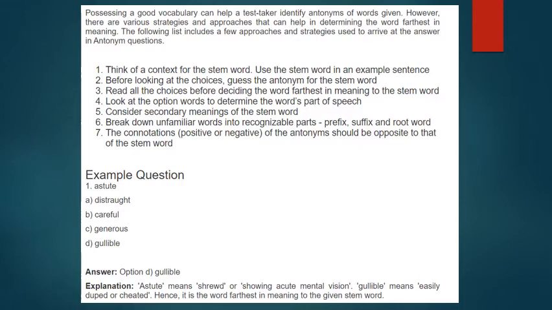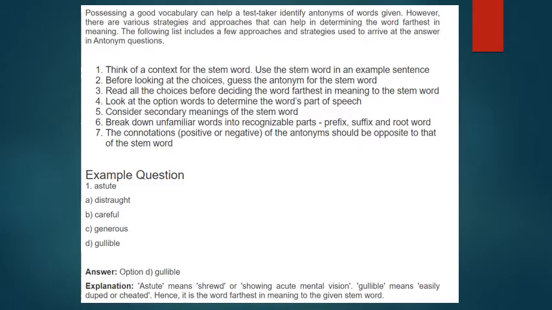Now let's take up one example, astute. What does astute mean? Astute means very shrewd, showing acute mental vision. Astute, very shrewd, very clever. Options given: distraught, careful, generous, gullible.